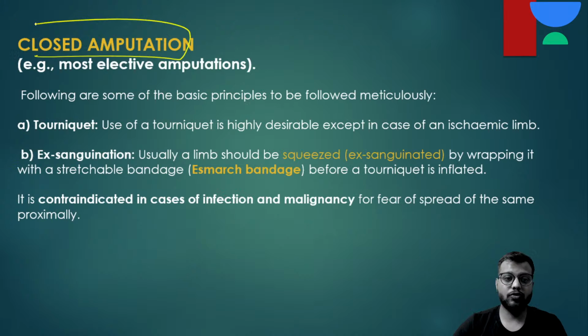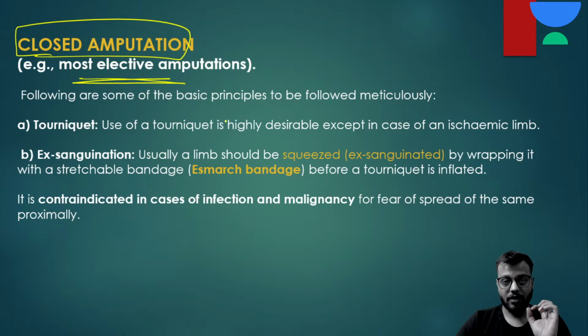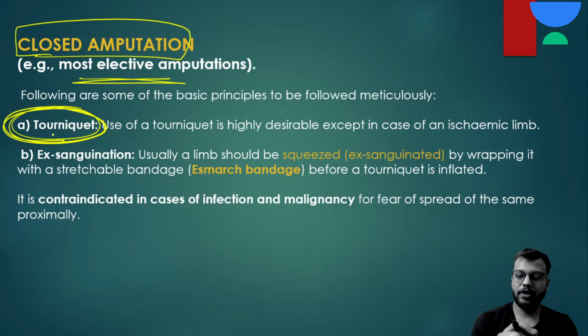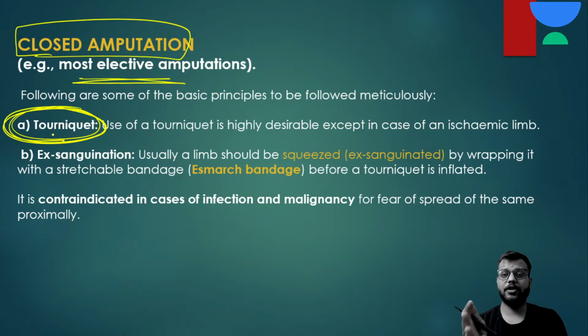Now closed amputation is most common in elective amputations. Okay, and always, whether closed or open, you put the tourniquet and you note the tourniquet time, because you cannot apply a tourniquet beyond a limited time period, otherwise there will be palsy due to nerve compression, and also there can be chances of repeat amputation, because due to loss of blood supply the muscles can get necrosis and the part of the limb can get gangrenous.